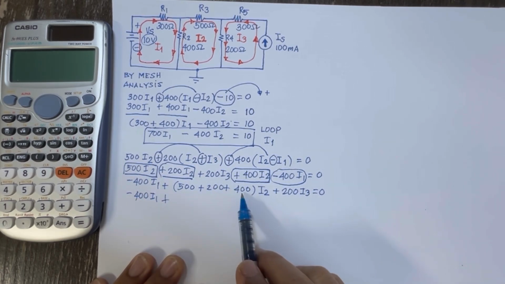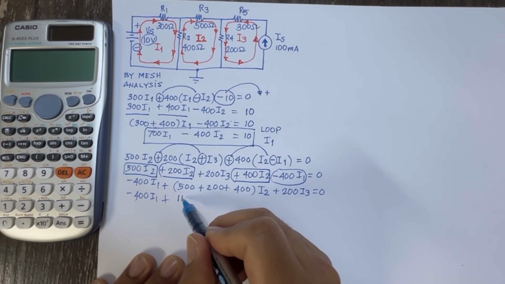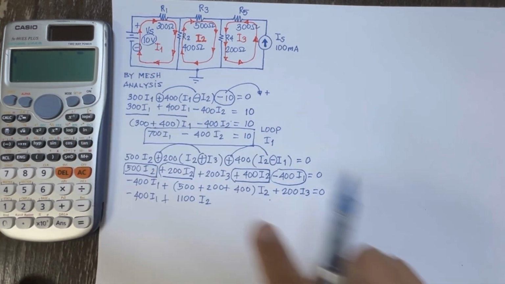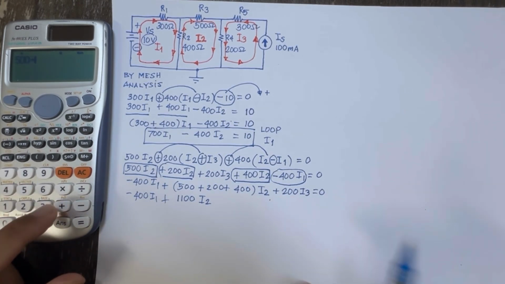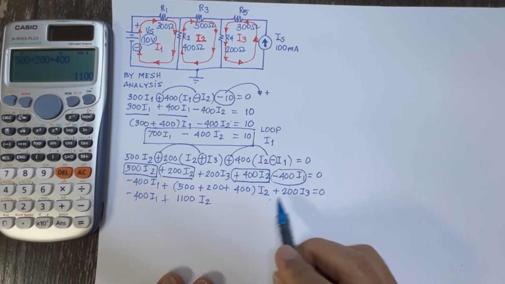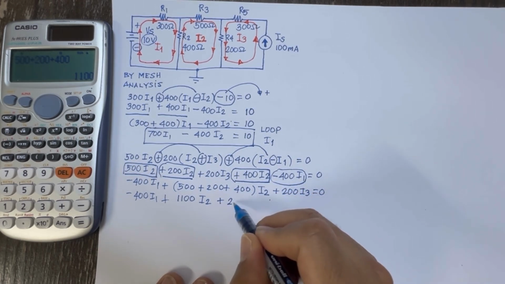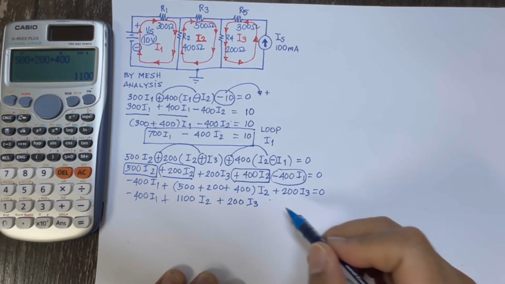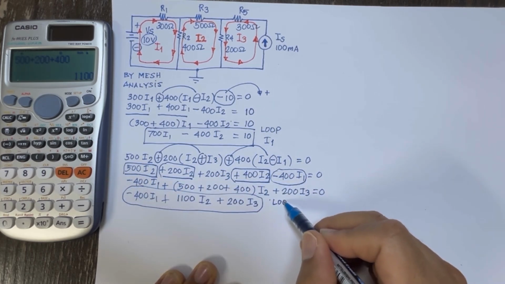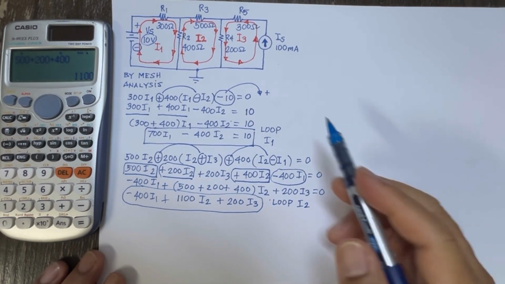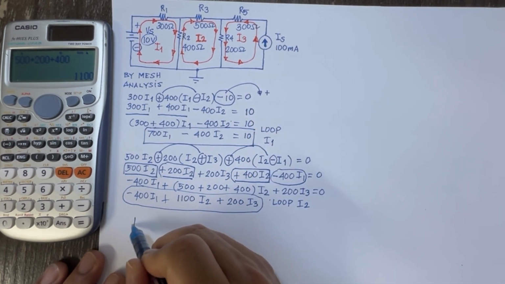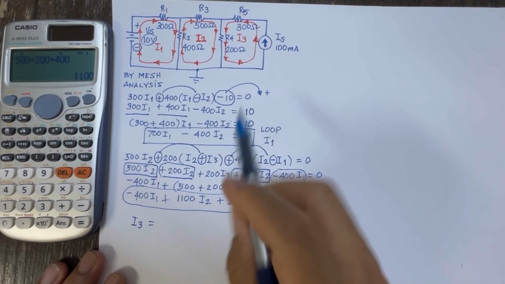So negative 400 I1 plus the sum of the three, or 5 plus 2 plus 4, that would be 1,100 I2. And we can also use the calculator to be sure. And then plus 200 I3, and that will be for our loop I2. But we have to put equals 0 in the equation also.